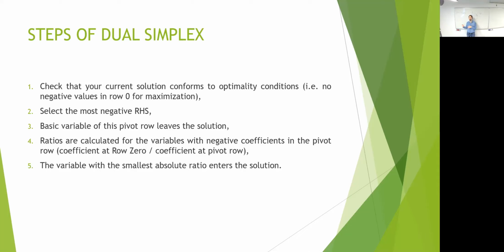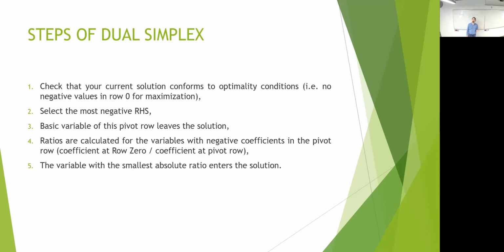Then you can check the right-hand side. For example, you have a simplex table, and in that table some of your right-hand side values are negative, but you don't have an optimal objective function yet. Then you have to keep going with the normal simplex to find the optimal objective function, to get rid of all negative values if you have a maximization problem in there.